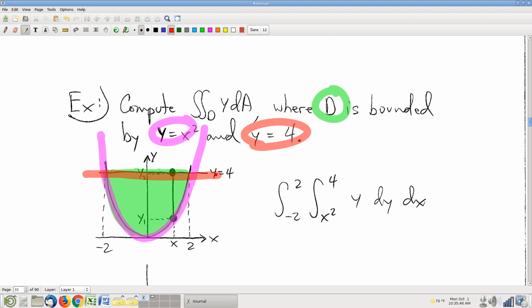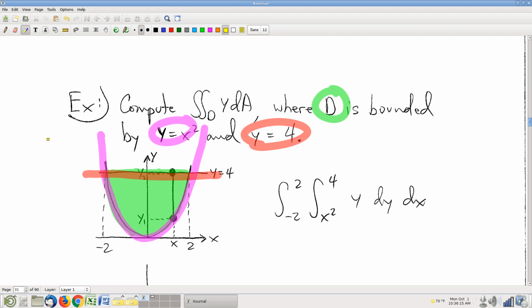For example, this region over here, its boundary is made up of the purple curve and the red curve, but it's not bounded. So these two curves break up R2 into several different regions, but only one of those regions is actually bounded by those curves. Is everybody clear on the terminology there?